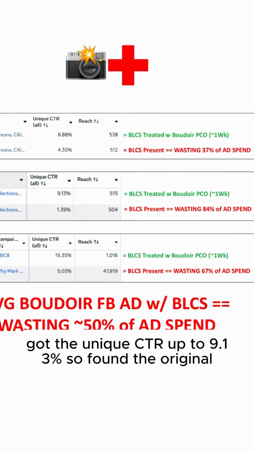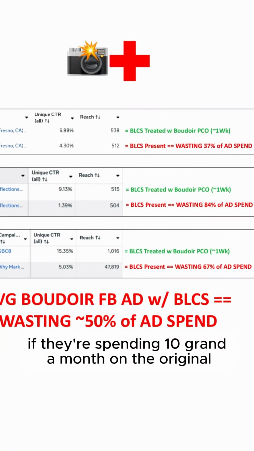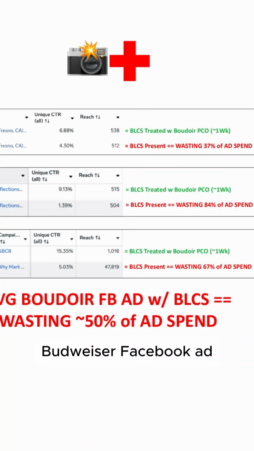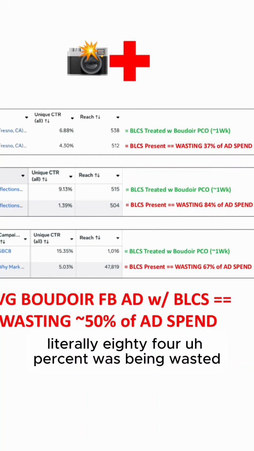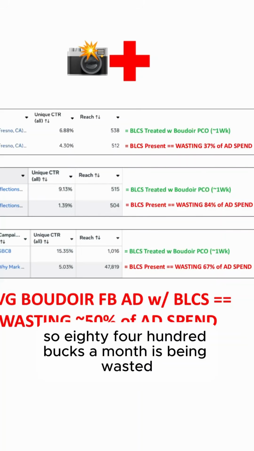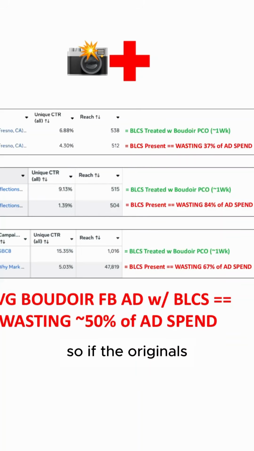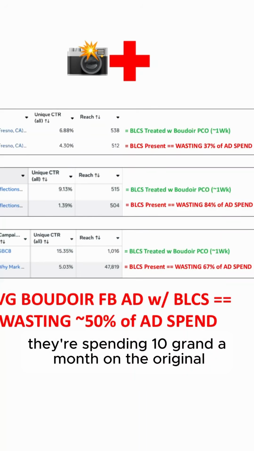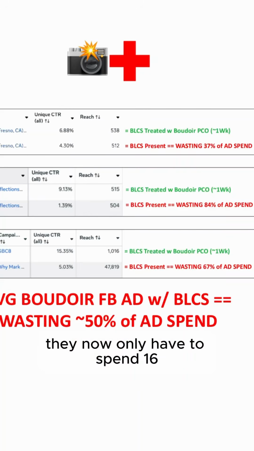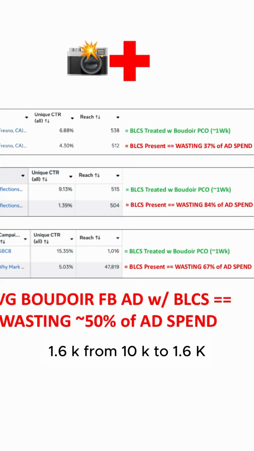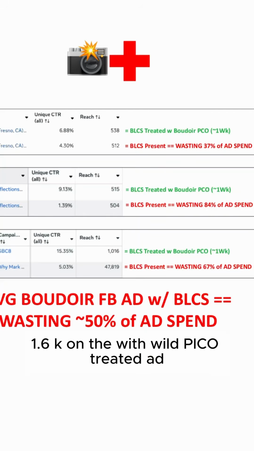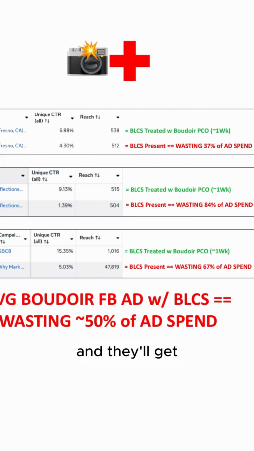So if they're spending 10 grand a month on the original boudoir Facebook ad, it was wasting 84, literally 84 percent. So 8,400 bucks a month is being wasted. They now only have to spend 1.6K, from 10K to 1.6K, on the boudoir Pico treated ad, and they'll get that into the same number of women's brains in both scenarios.